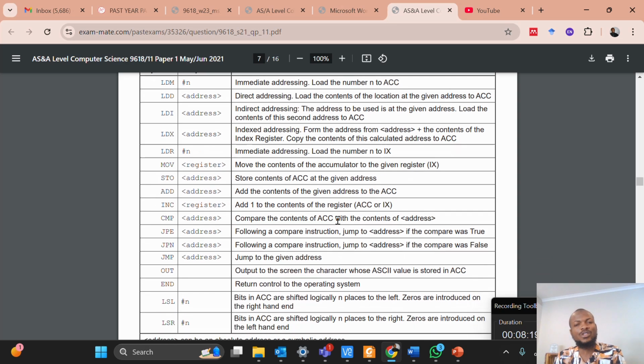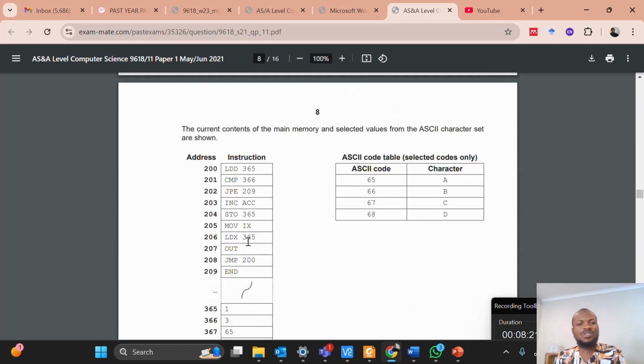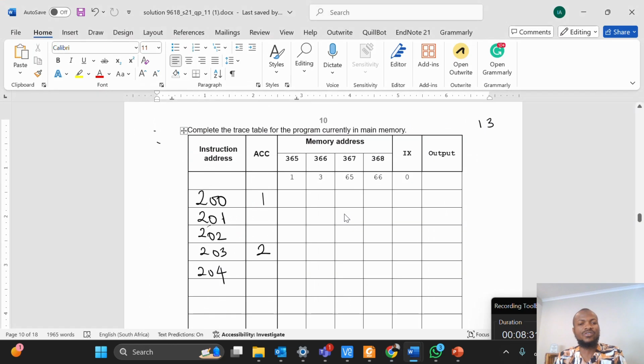So STO 365 means store the content of the accumulator to address 365. What is the content of accumulator? 2. So we store it into 365. Is that understood? So the value of 365 is no longer 1, it is now 2. I hope this is understood.